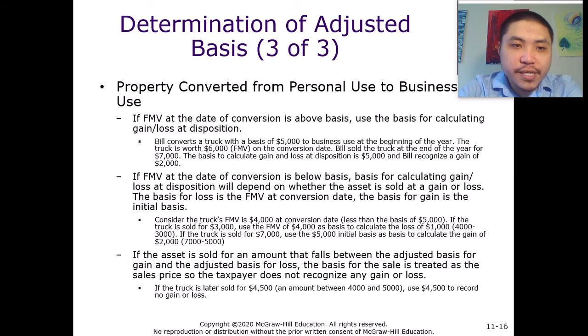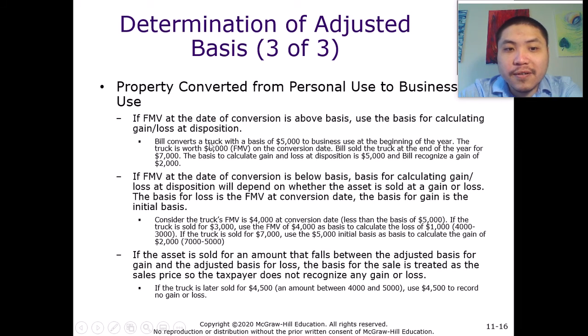In the first case, if the fair market value at the date of conversion is above the initial basis, then the taxpayer should use the basis for calculating the gain and the loss at its disposition. So let's look at the example here. Bill converts a truck with a basis of $5,000 to business use at the beginning of the year, and the truck is worth $6,000 fair market value on the conversion date.